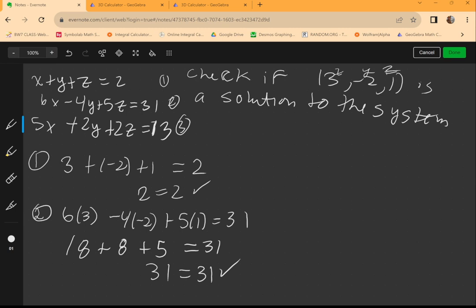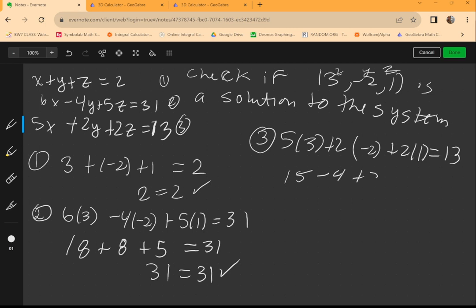Now keep in mind, this is not enough to show that something is a solution. It needs to satisfy all three of them. So for the third one, we have 5 times 3 plus 2 times -2 plus 2 times 1 equals 13. So we get 15 minus 4 plus 2 equals 13.